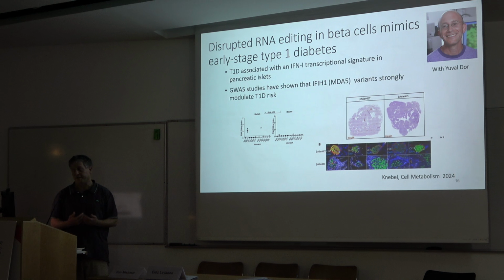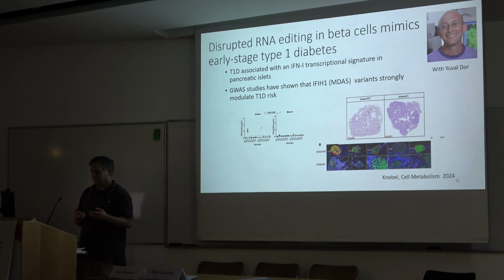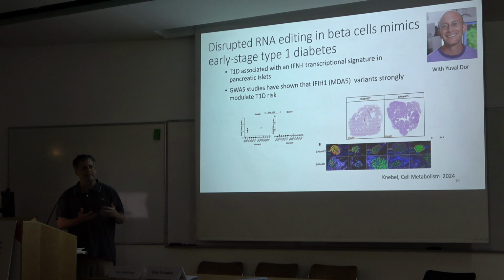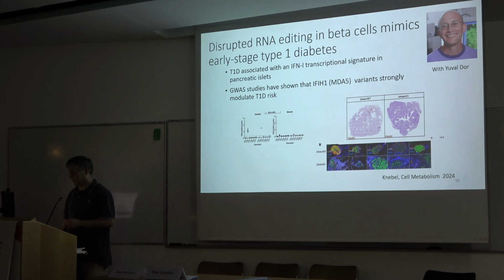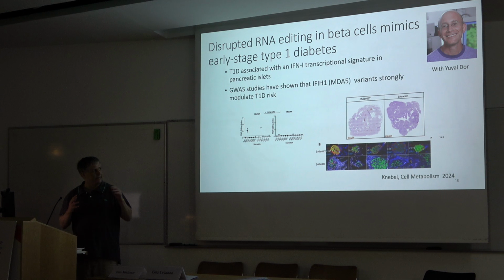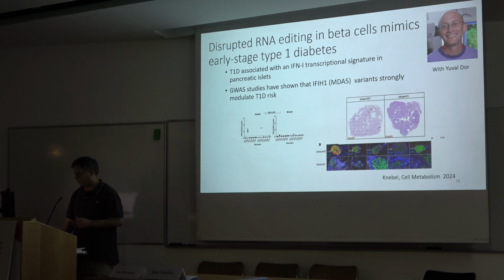This was very exciting in the field, because it was very difficult to create a model for type 1 diabetes, and here, simply by blocking the activity of ADAR, you get all the phenotype of type 1 diabetes. Again, very exciting. Now there is a lot of follow-up work on this.